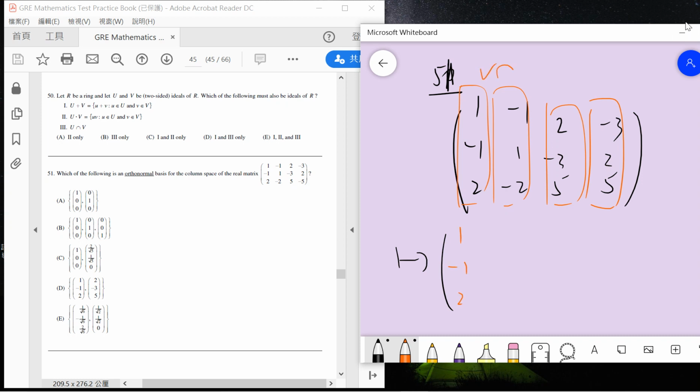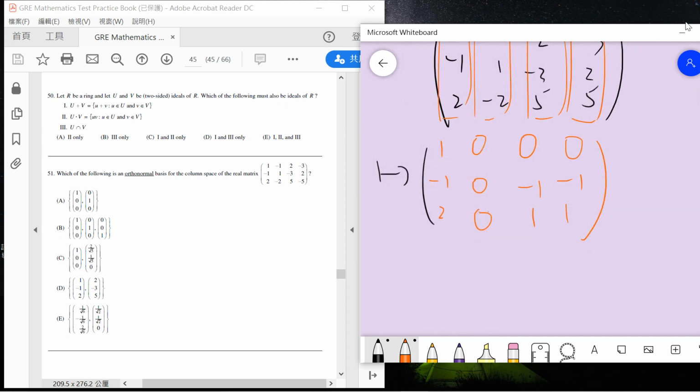So I use the first one to cancel the second one, I add them together, and I use this one to cancel this. So I got these two, and I cancel the 0 term and the same terms. So the column space is this one.